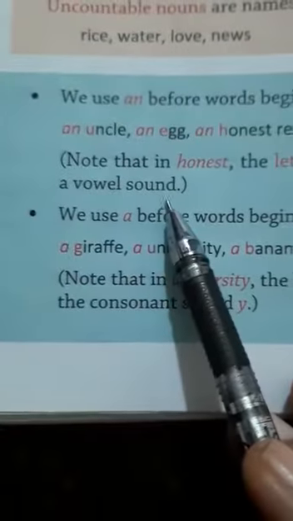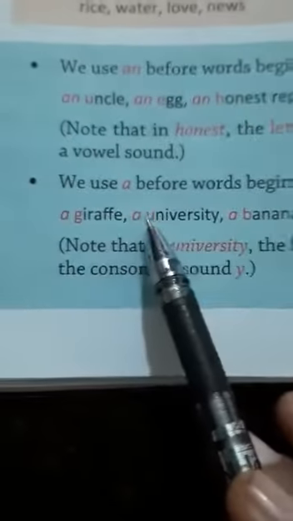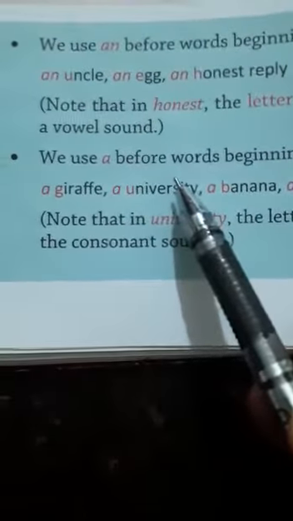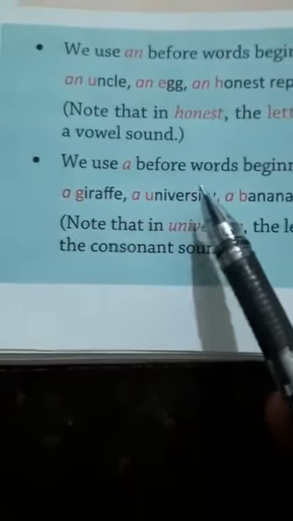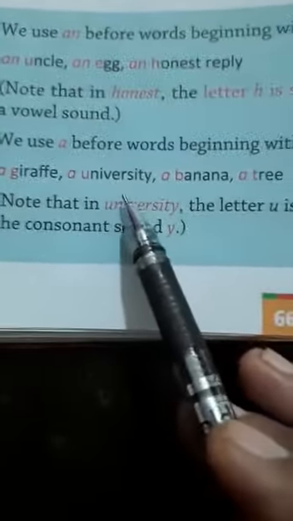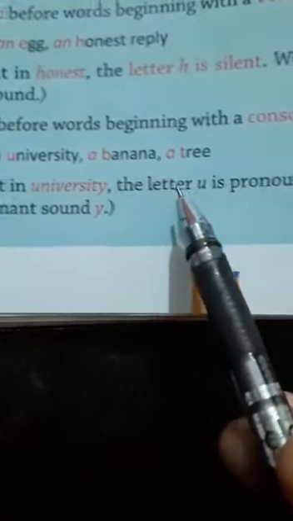We use a before words beginning with consonant sounds. Children, before words which start with a consonant, we use a: a giraffe, a university, a banana, a tree.